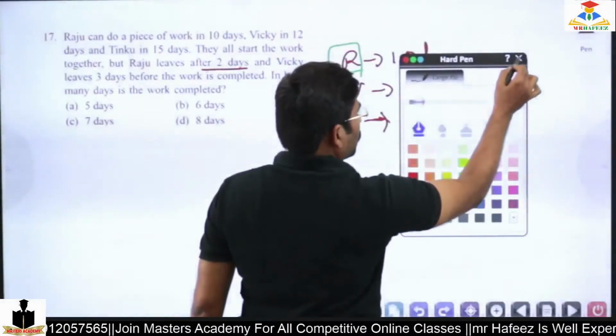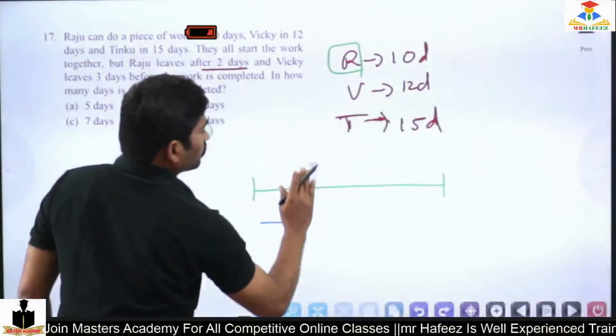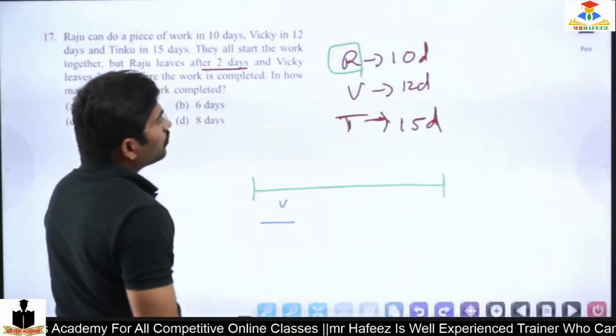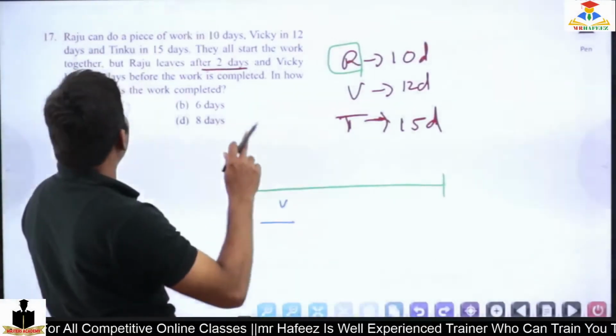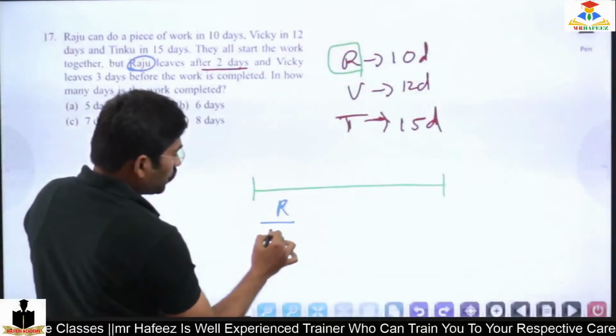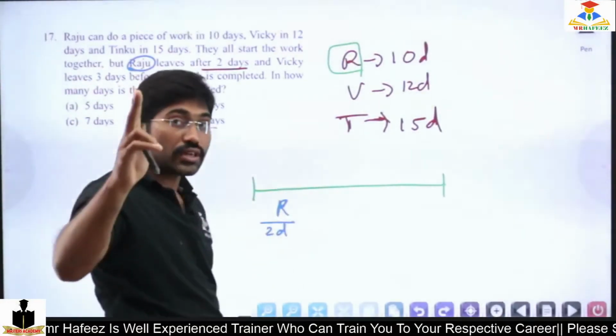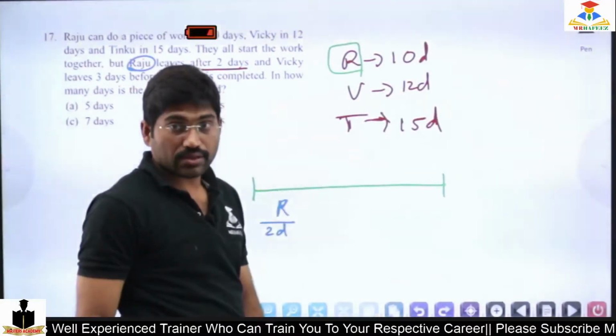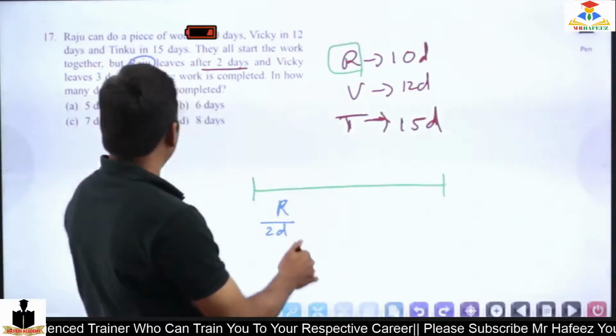Wait, this should not be. Okay, so Raju, Vicky and Tinku. Raju leaves after 2 days, so Raju worked only for 2 days.